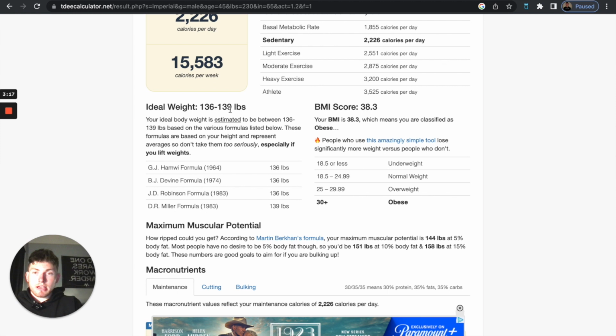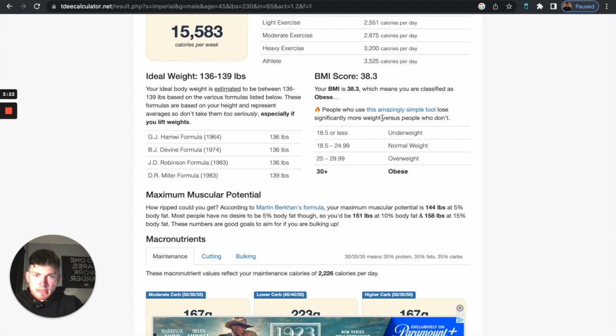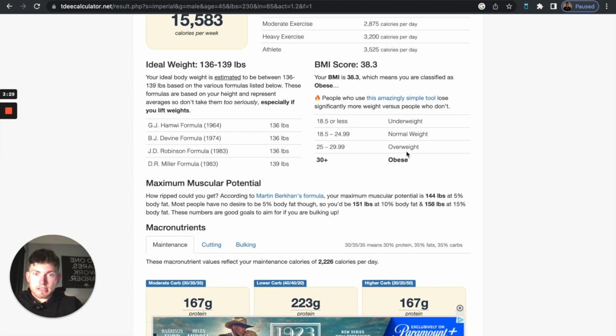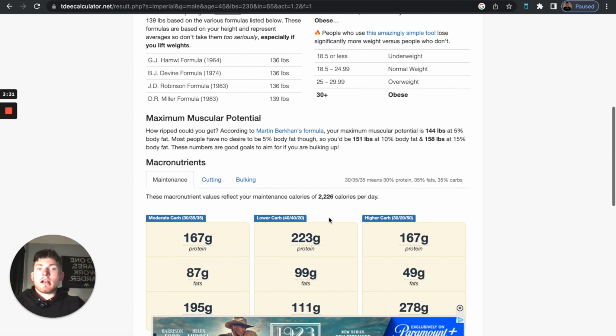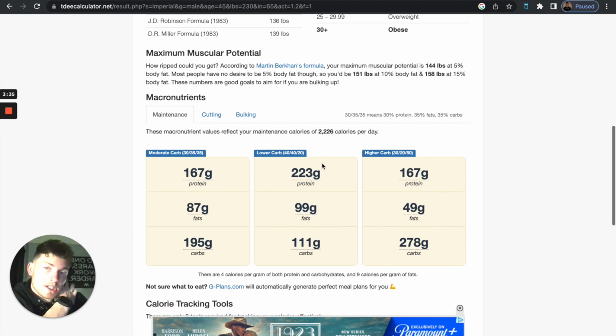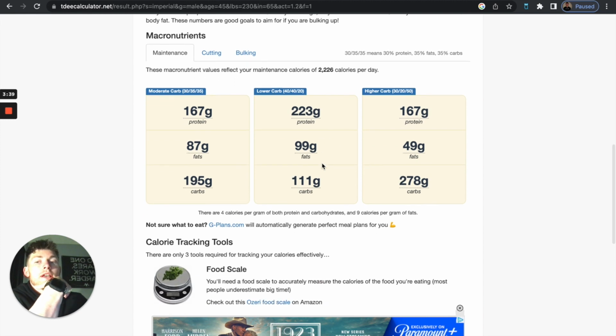It says ideal weight 136, 139. Body mass index 38.3. So it kind of gives you all these calculations as well. Even your maximum muscular potential. But really what you're just looking for is how many calories you need to be consuming on a day-to-day basis.